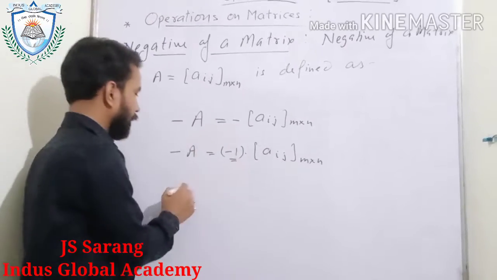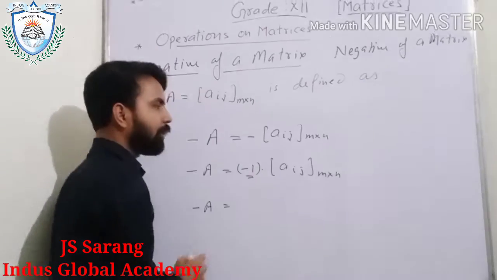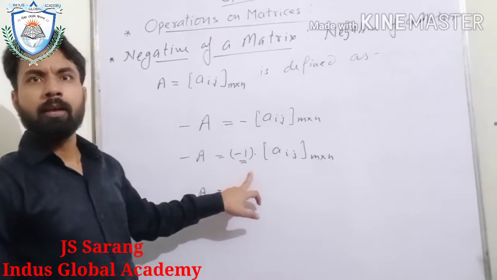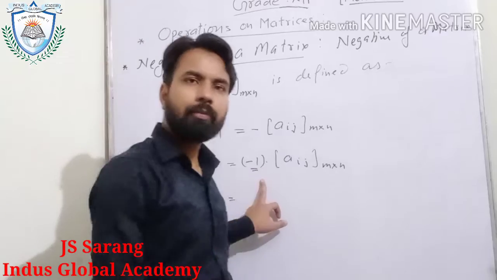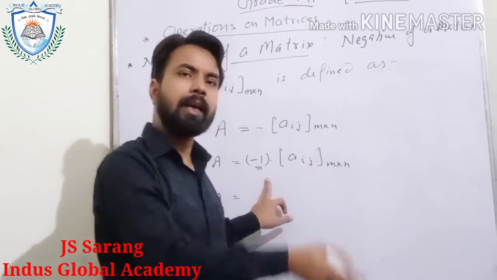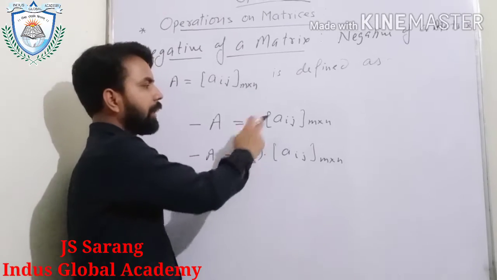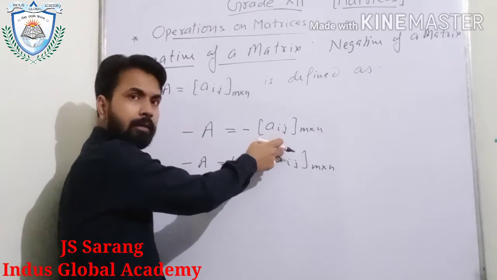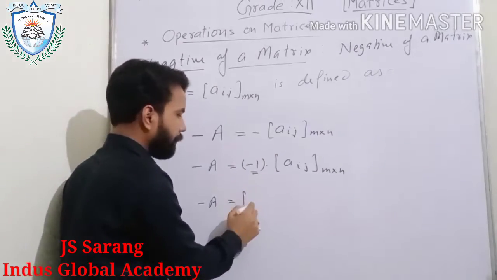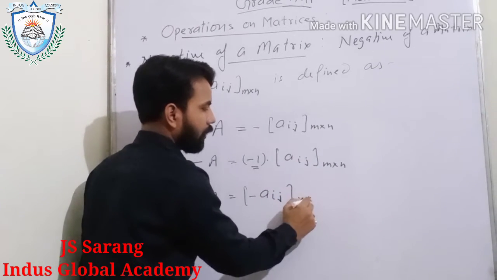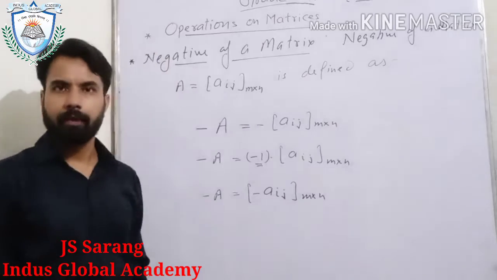So minus A is equal to, if a matrix is multiplied by a scalar, then we will multiply each and every element of that matrix by that scalar. So the same, this minus 1 is multiplied inside the matrix. So it will be minus Aij of order m by n.